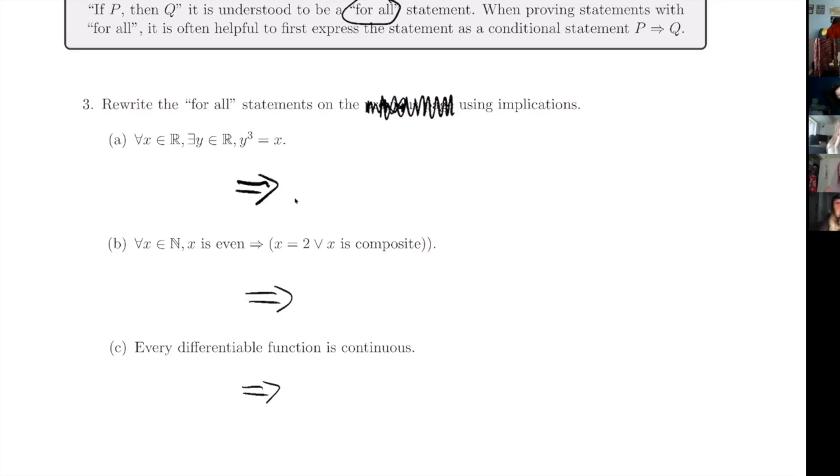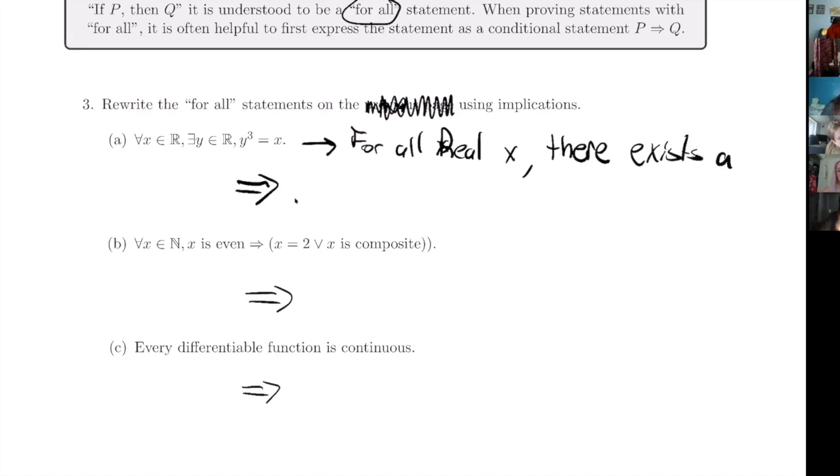So on the one hand, we can read this very literally, saying for all real numbers x, right? We've seen this already. There exists a real number y, so any ideas how we can change this into a conditional statement?